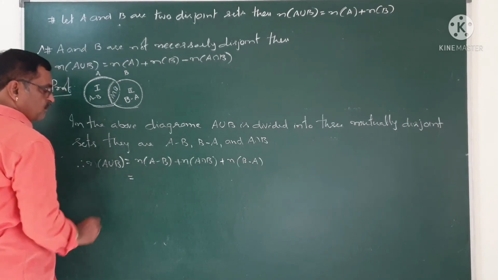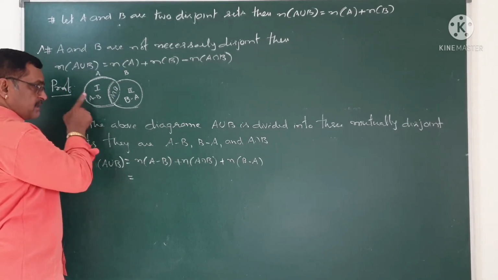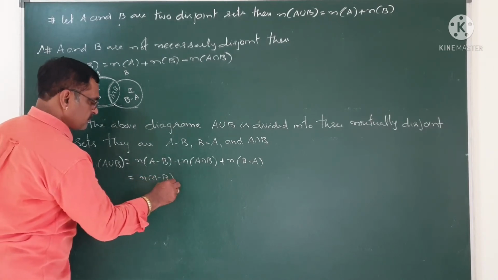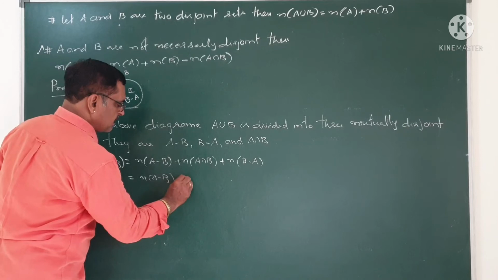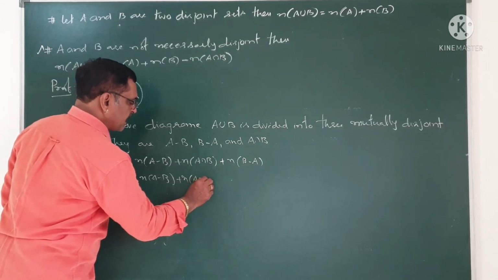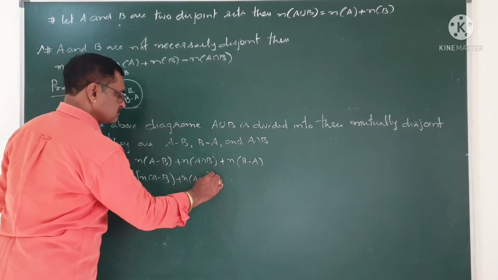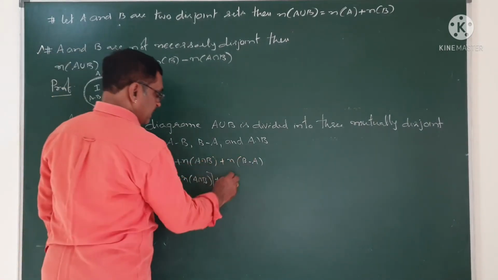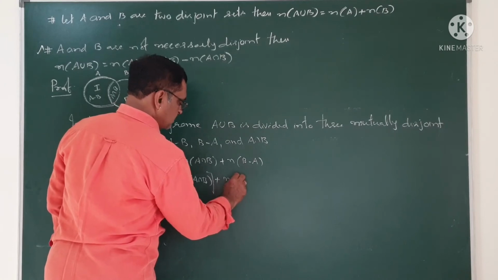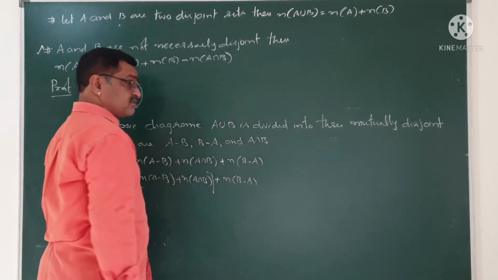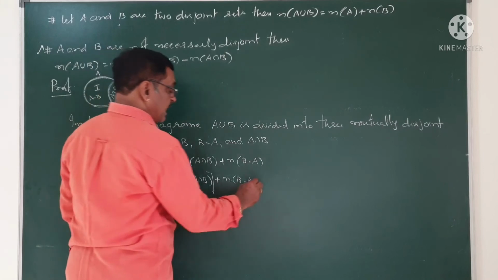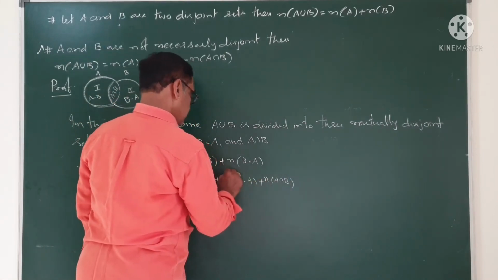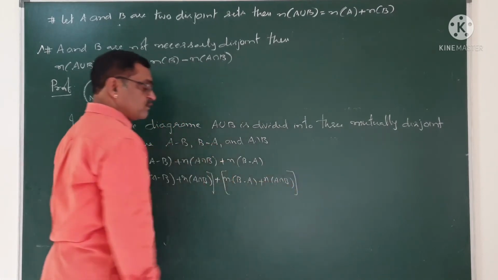Look here, what I am doing. I know this fact, and I am going to use it here. n of A minus B plus n of A intersection B, I am writing together as one unit. Now, I will take n of B minus A, and I add n of A intersection B, so I take them also as one unit.